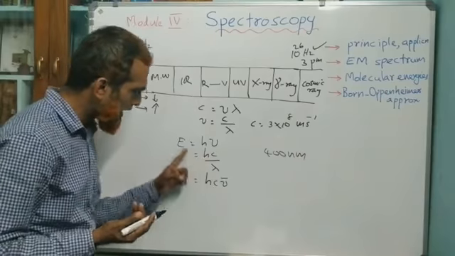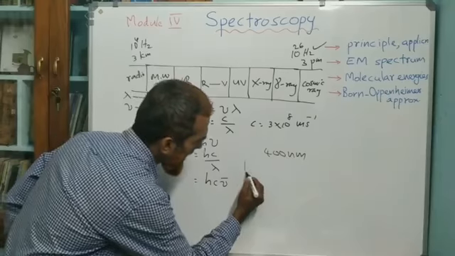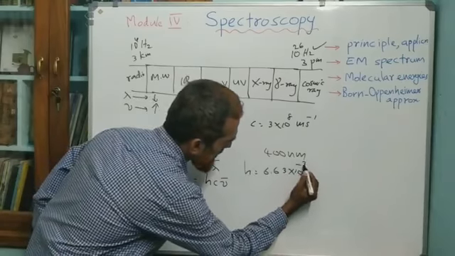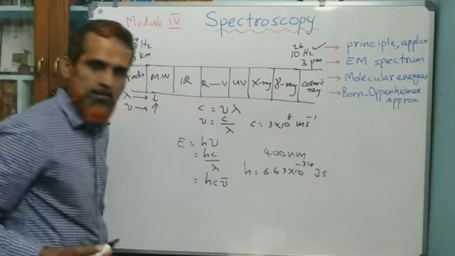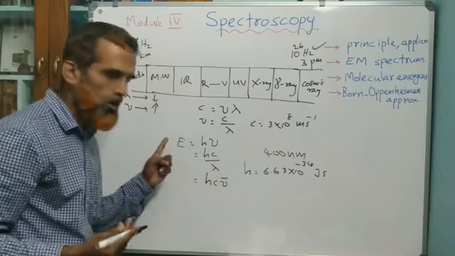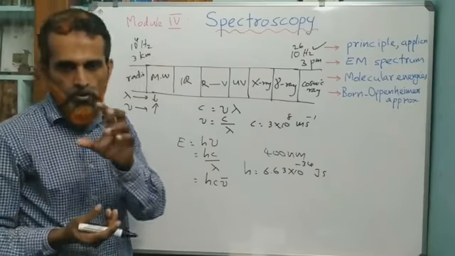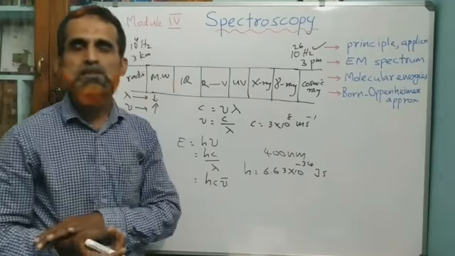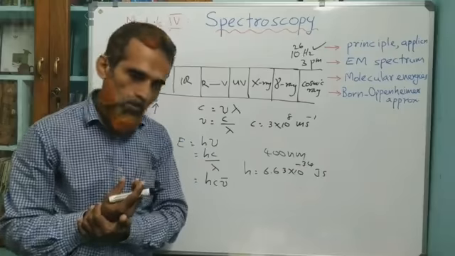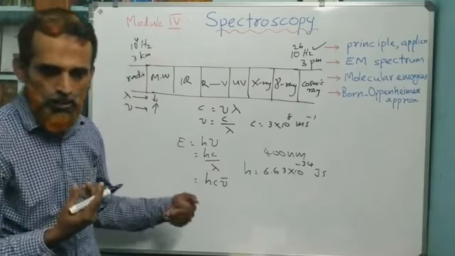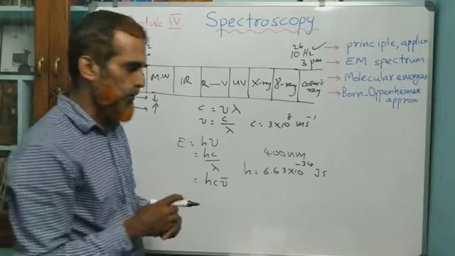Here you get energy in joules. You know the value of h is 6.63 into 10 raised to minus 34 joule second, right? So when you work out energy, you get energy of one quantum, one photon. You get in joules. To convert it into kilojoule per mole, you can multiply by Avogadro number and divide by 1000. You get energy in kilojoule per mole.